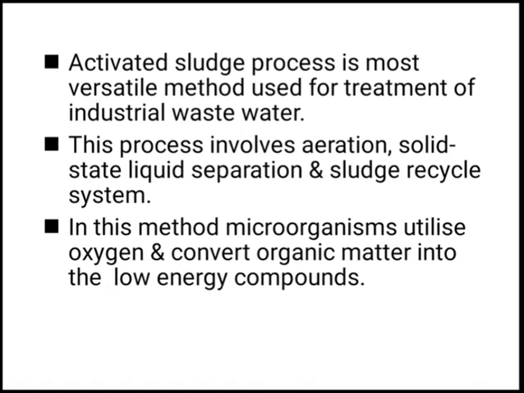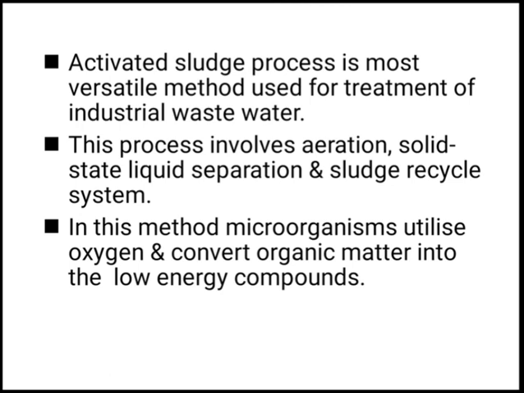So this is the activated sludge process, and the activated sludge process is the most versatile method used for the treatment of industrial wastewater, and this process involves aeration, solid-liquid separation, and the sludge recycle system. In this method, microorganisms utilize oxygen and convert organic matter into simpler forms and low energy compounds.